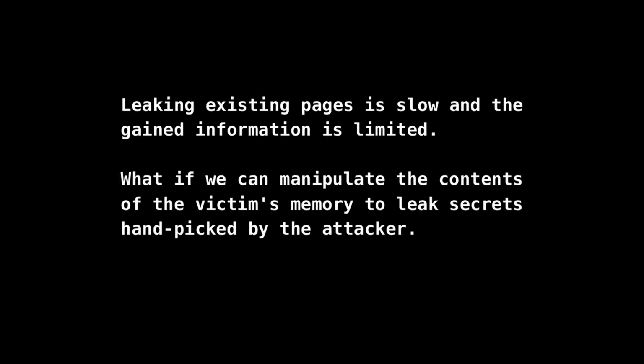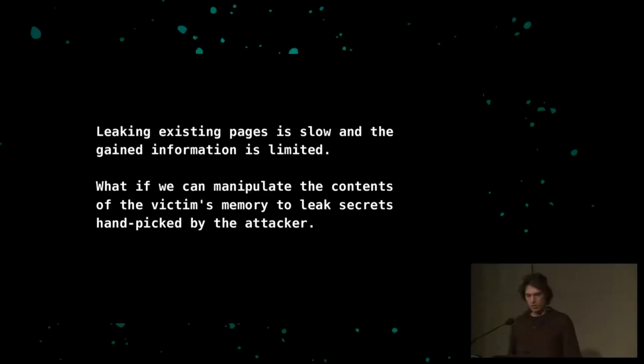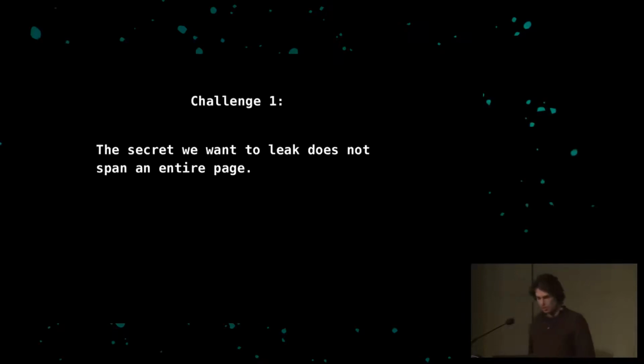And in this case, it's from JavaScript, so it's even easier. This allows us to not only probe for secrets that just happen to be in pages that we can leak, but we can craft memory pages that just contain the secrets that we want to leak. So it's quite a bit more powerful.